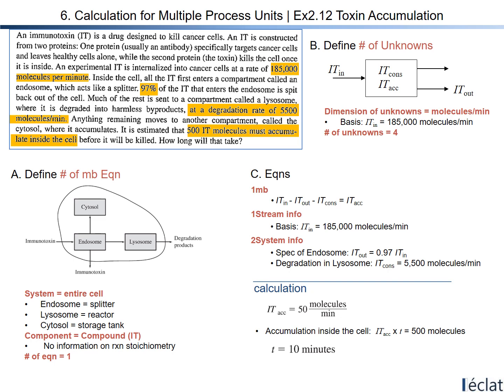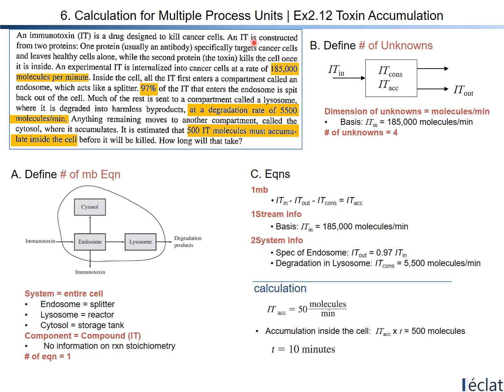Here is the new subchapter 6, calculation for multiple process units. And let me start with an example, the title of which is Toxin Accumulation. An immunotoxin, or IT, is a drug designed to kill cancer cells.